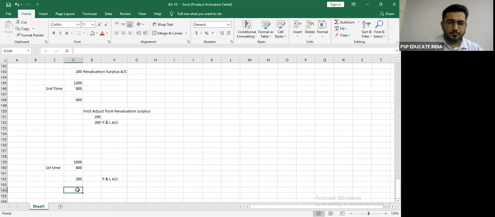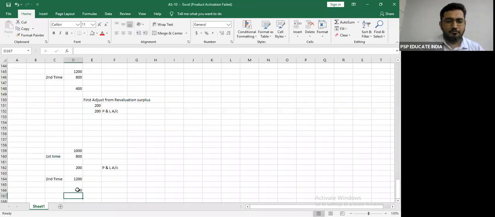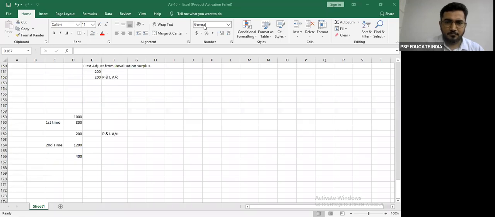Now this value of 800 becomes 1200, second time. How much is your gain? 400. Tell me, how will you treat 400 in this case? We will first adjust 200 from P&L. What about the remaining 200?